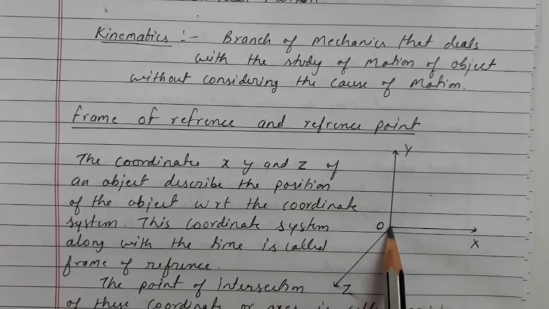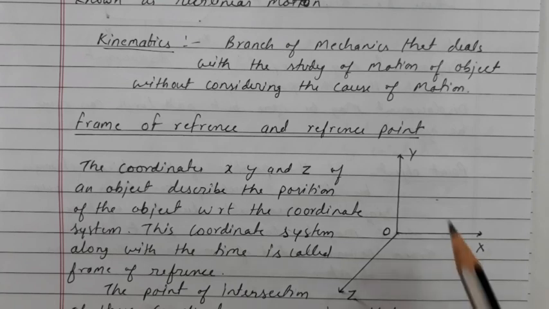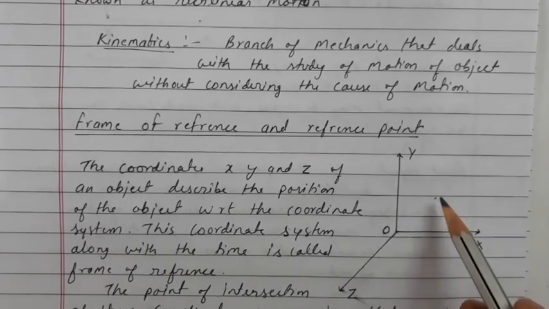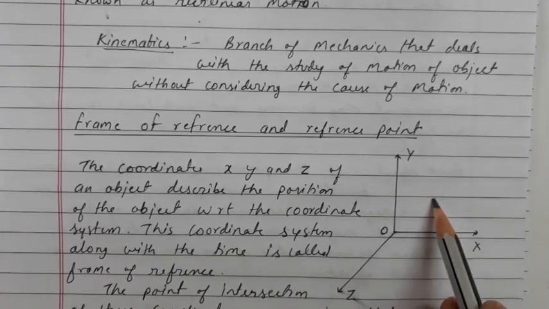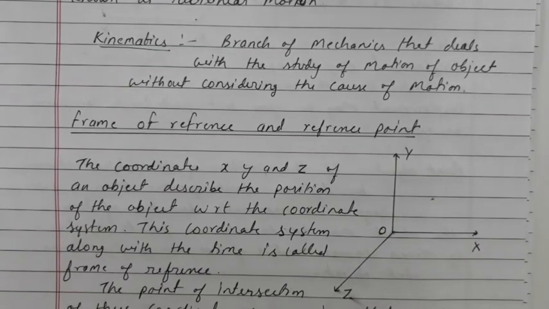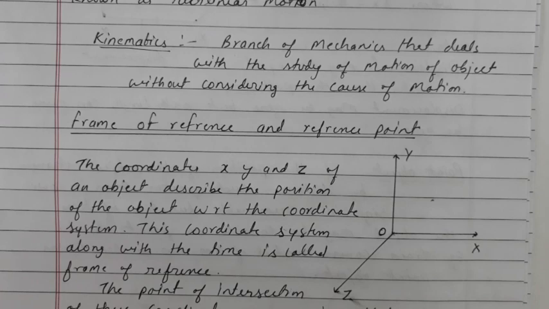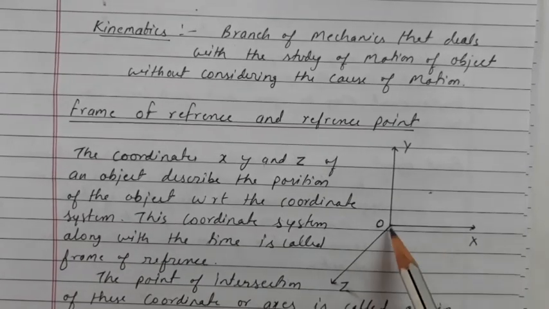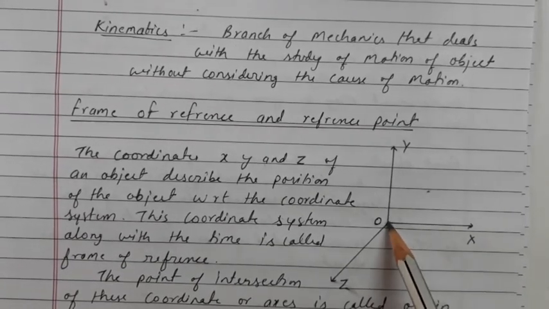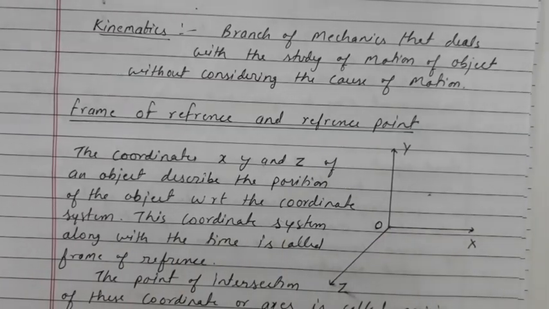This O is considered as a reference point because whenever we are talking about the position of an object, we see the point with respect to the origin. It is just like a landmark when we are asking for an address from anyone. So that O is a landmark, or we can say that this O is a reference point. So is it clear what is frame of reference and what is a reference point?